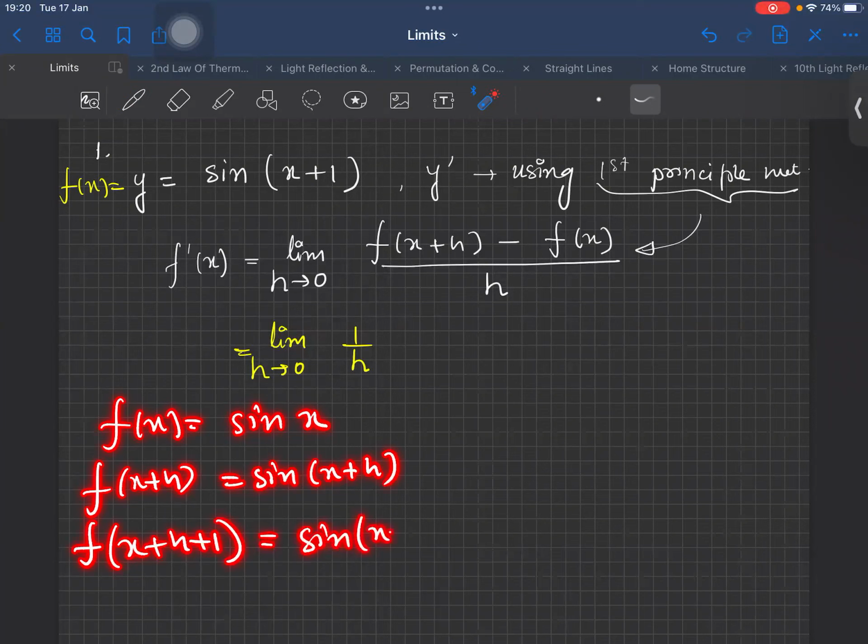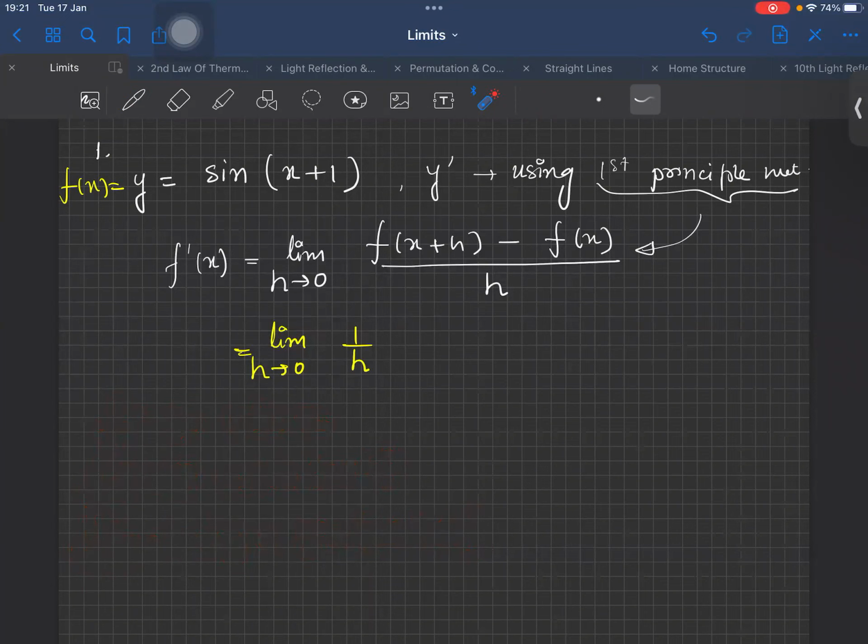Sine x plus h plus 1. Now write down sine x plus h plus 1 minus sine x plus 1. There is no h here. We have just added h in the function. Okay, so is this correct?